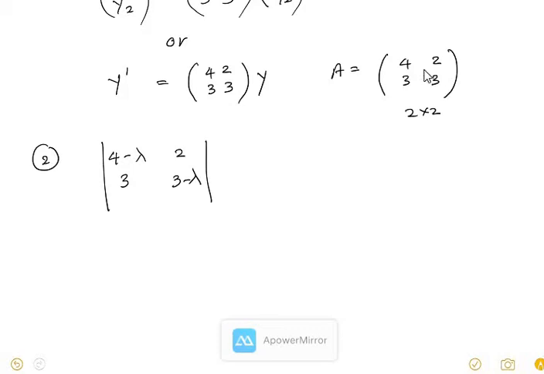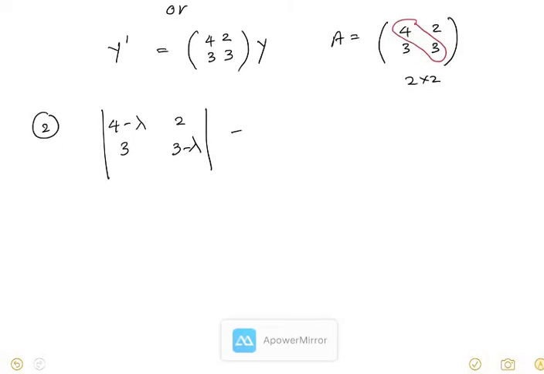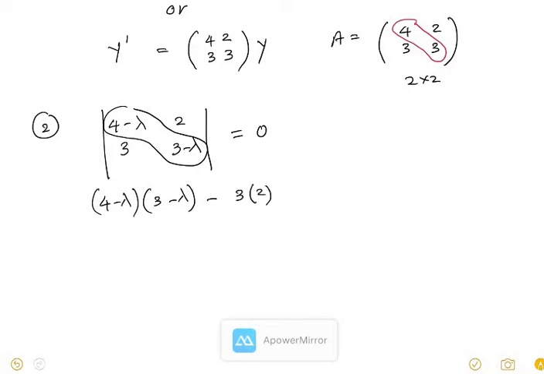Remember, only this diagonal, only these values will have minus lambda. Others remain the same. So 4 minus lambda multiplied with 3 minus lambda, then minus 2 times 3, equal to 0.